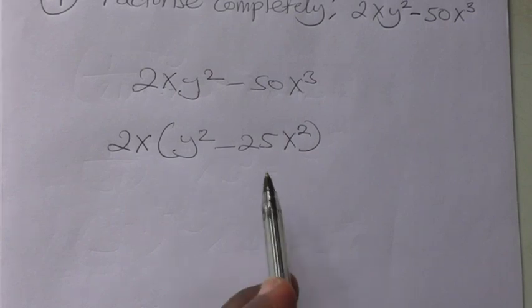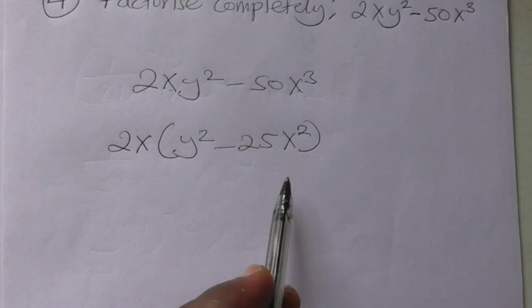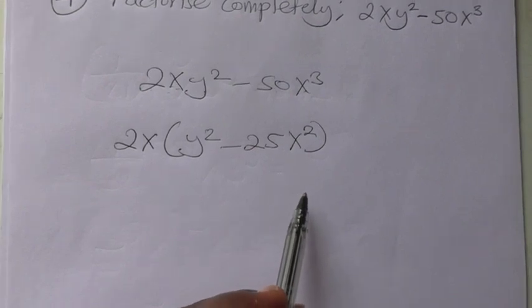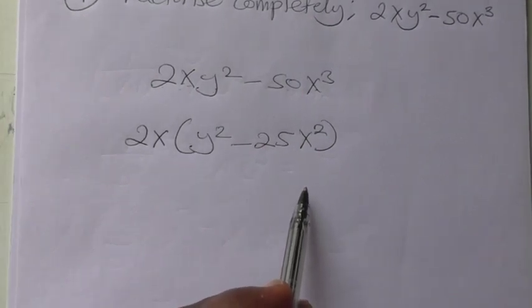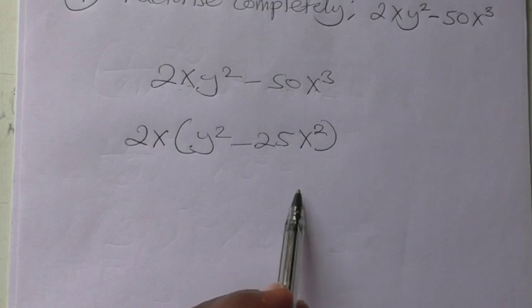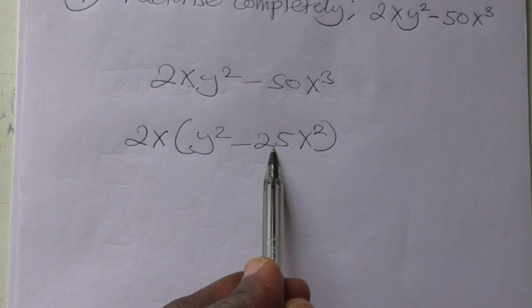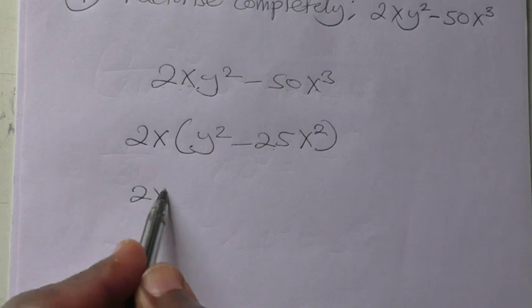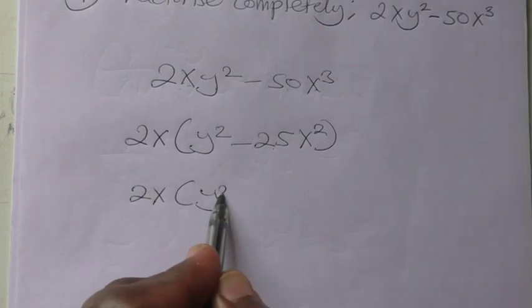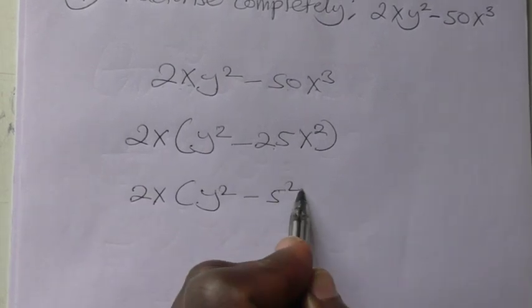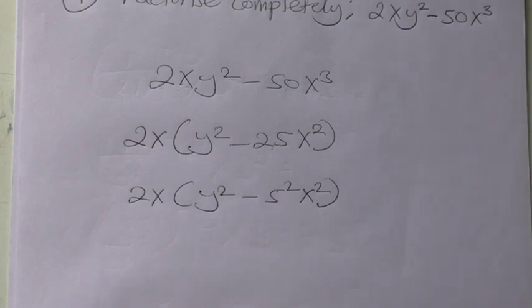Then you realize that there are some indicators of difference of 2 squares. And therefore, we must change the 25 to a square, and that is 5 squared. So we shall have 2x into y squared minus 5 squared x squared.